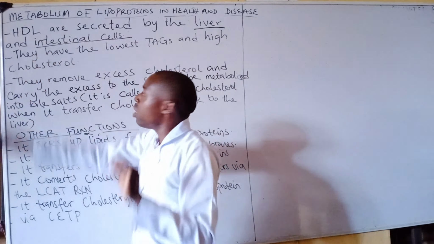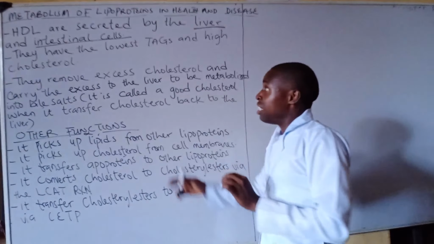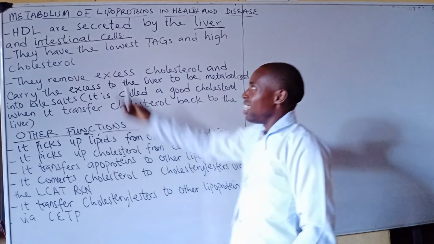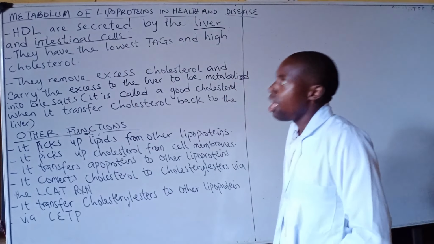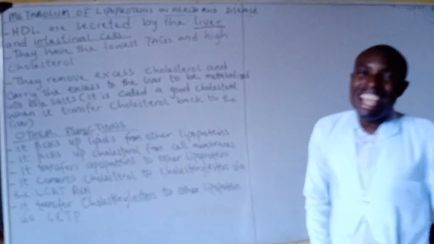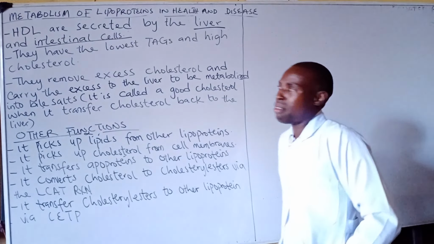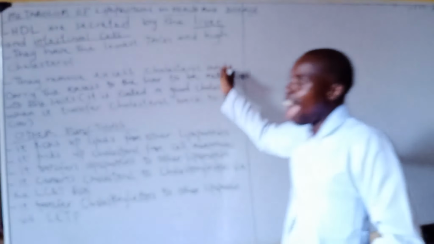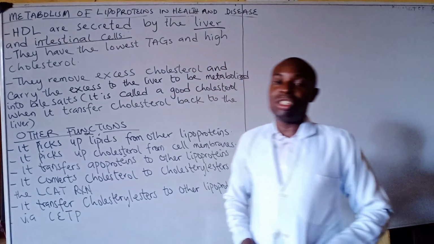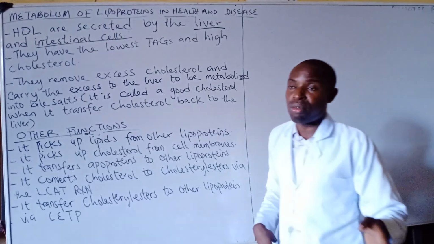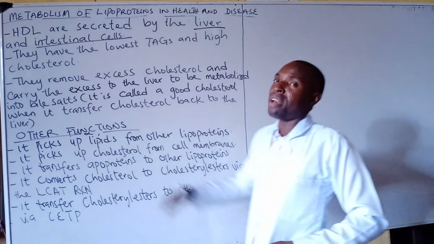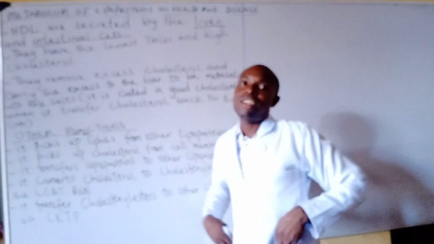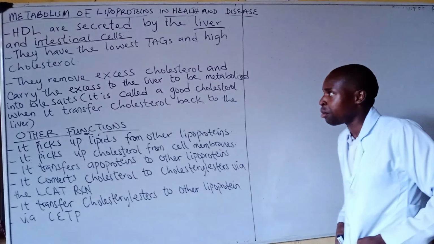But HDL are secreted by both the liver and the intestinal cells. HDL have the lowest TAG and high cholesterol, which is the direct opposite of the chylomicrons, which have high TAG and the lowest cholesterol.